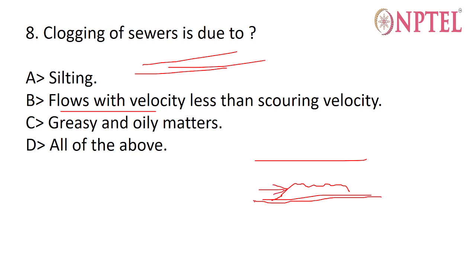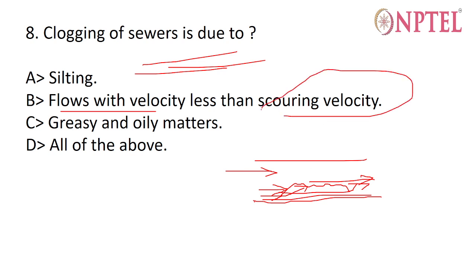So the minimum water velocity you require to scour this, to take this away with your water. So that is the minimum velocity of the water you need to lift this up and take it with the flow.